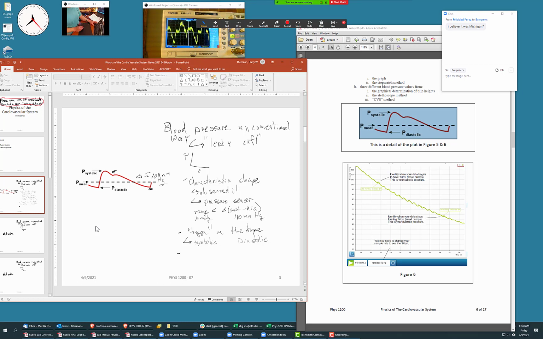And to help us, we decided to do a background subtraction. The background, remember, is basically the decaying pressure, so the PT graph of the leaky cuff.